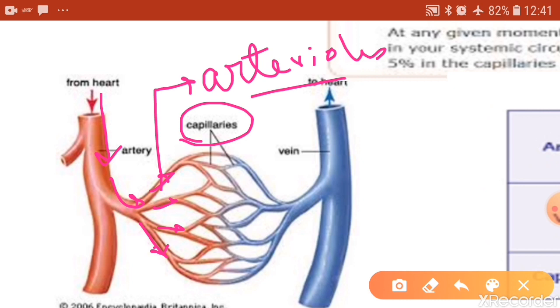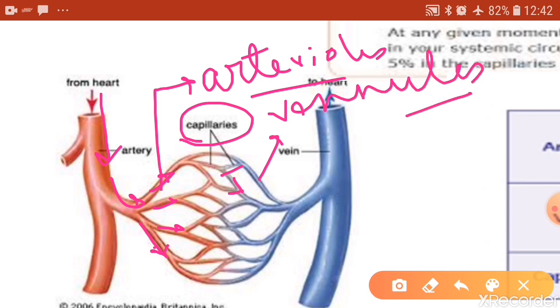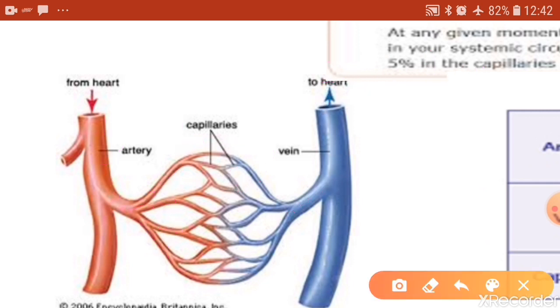And finally, how is this blood taken away from these tissues? The capillaries will finally join again. You can see here these capillaries join again and form larger vessels which are called venules. These venules finally join the vein, and it is the vein which collects blood from the body parts and takes it to the heart, from where the blood is taken to the lungs for oxygenation.